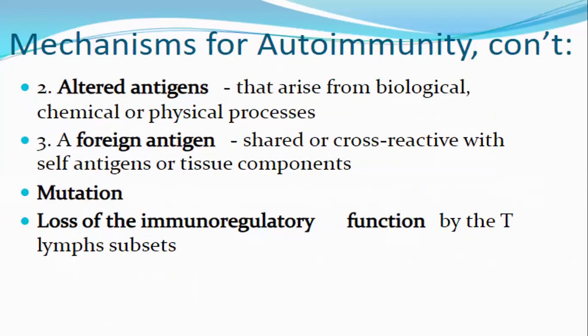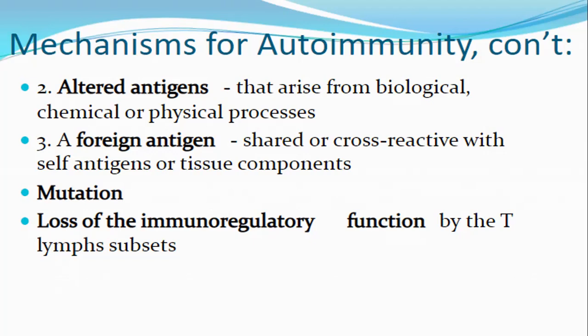Then we have another theory, which they term altered antigens. These arise from biological, chemical, or physical processes. By altered, we mean that normally your self-antigens are produced such that your immune system can discriminate between self and non-self antigens.